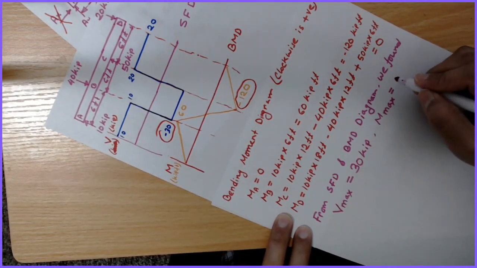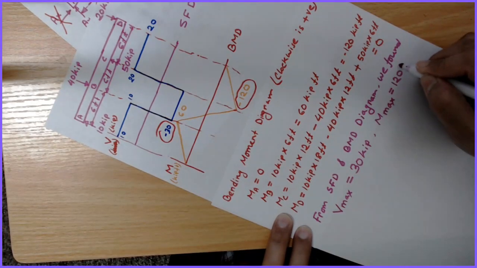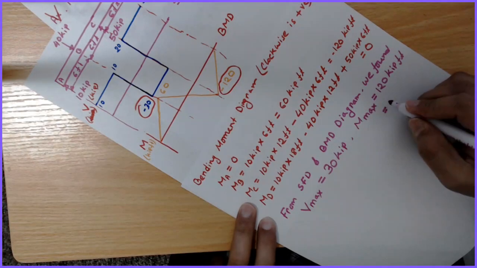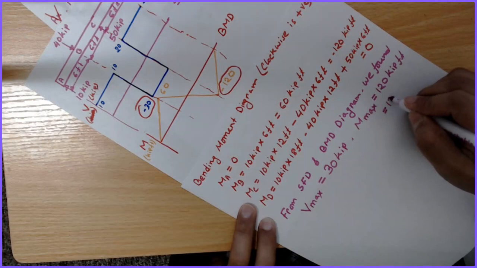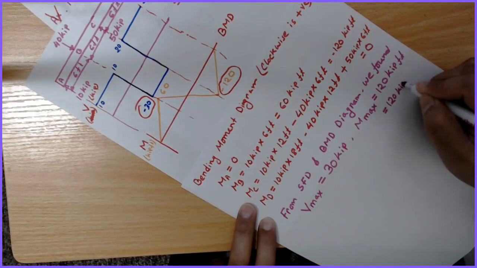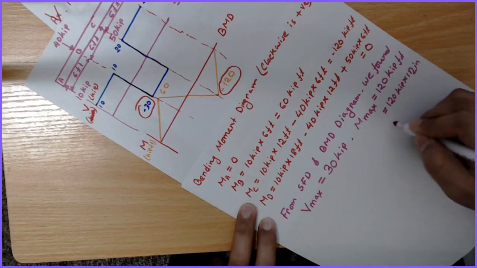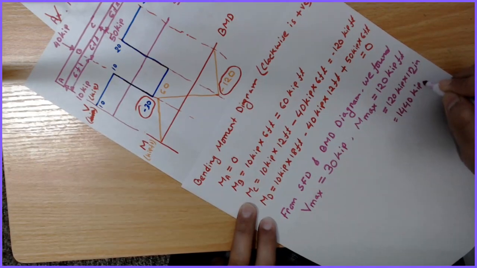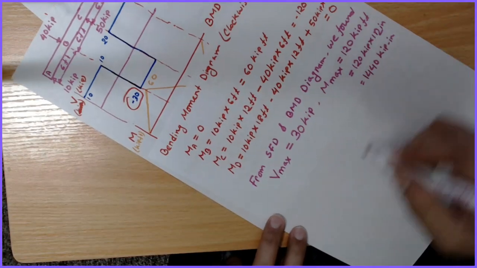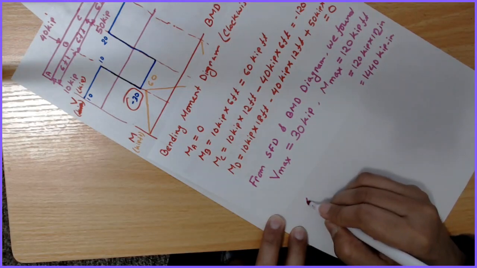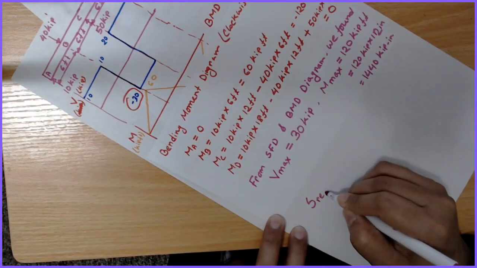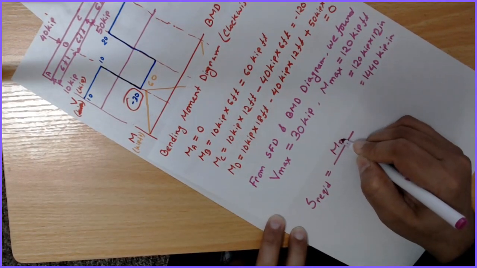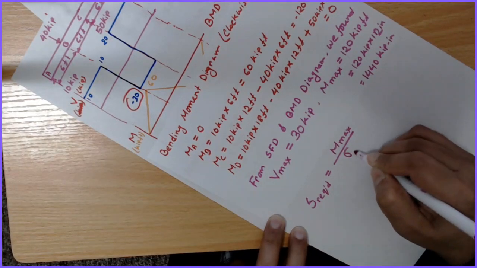So Mmax is equal to 120 kip feet. We are going to convert it to kip inch. 120 kip times 12 inch means 1440 kip inch. Now our required section modulus is Mmax over sigma allowed.